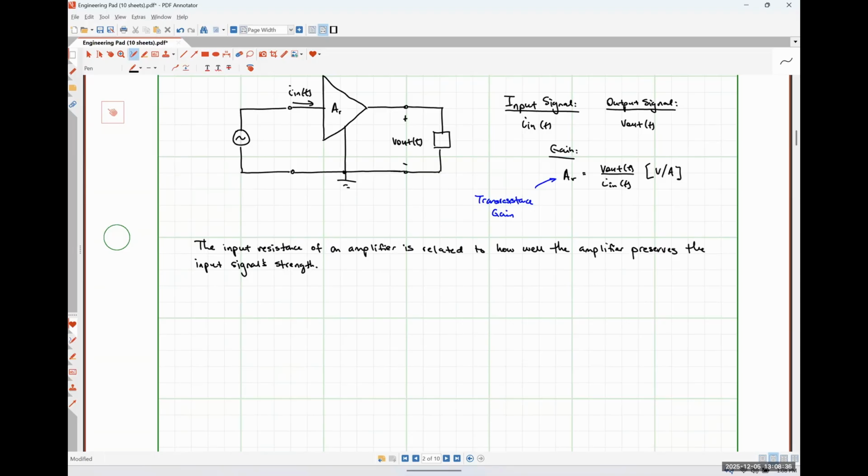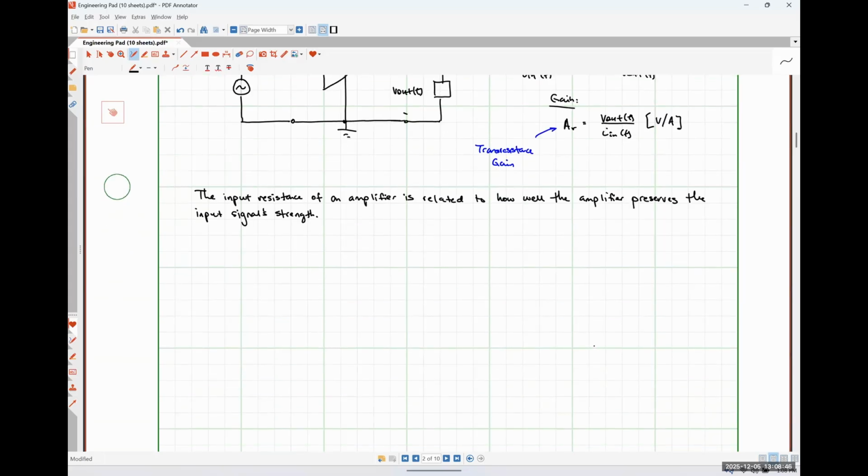So the way that the input resistance of an amplifier is determined is always the same thing, okay? So I'm just going to take a generic amplifier here. Doesn't matter what kind it is.